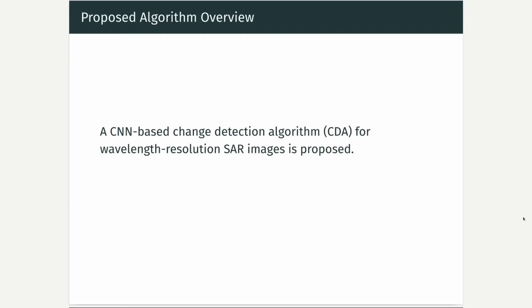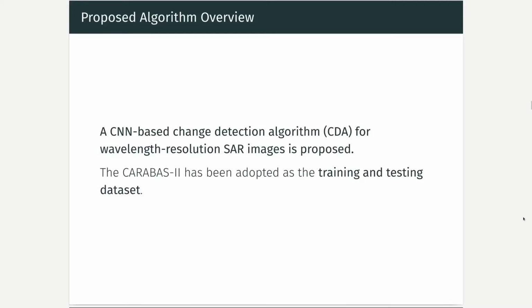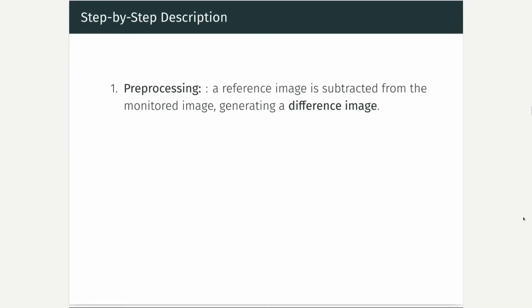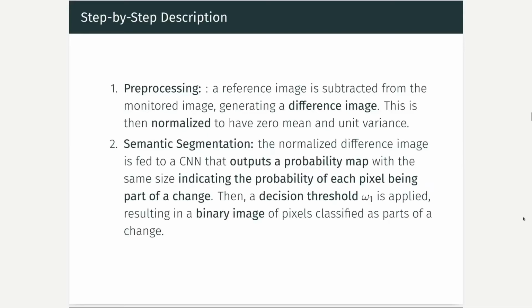And the overview of the algorithm. We propose a CNN-based change detection algorithm for wavelength resolution SAR images. And the Carabas-2 dataset was adopted as the training and testing dataset. First step, we do pre-processing. The reference image is subtracted from the monitored image, which generates a difference image, and it is then normalized to have zero mean and unit variance.